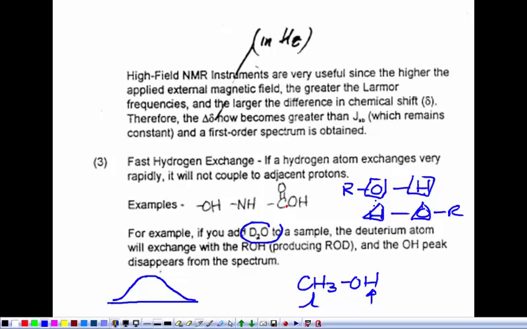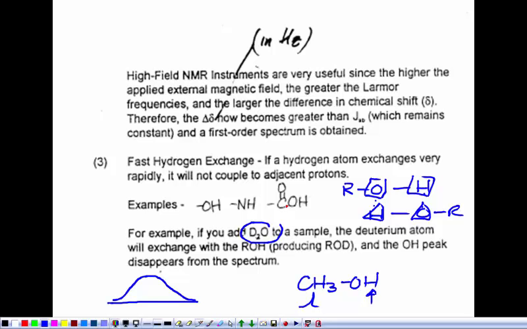Solvents that have D in them, whether it's CDCl3 or D2O, there's no protons there, so you don't see the peaks. So in this case, if you add D2O to a sample that has OHs or carboxylic acids or amides, the D2O comes in, and when it exchanges for the hydrogen, the peak disappears.